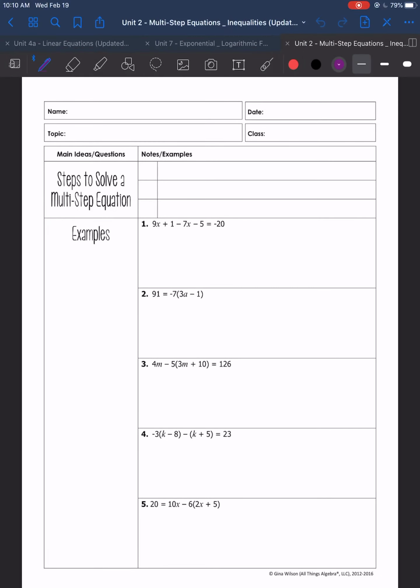In this video, we're going to talk about steps to solve a multi-step equation, and we're going to solve some multi-step equations. So first, we are going to distribute if necessary.